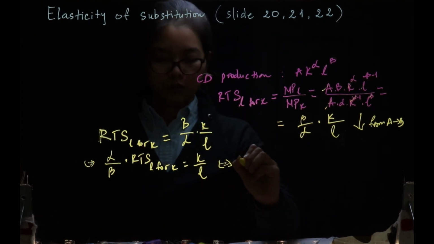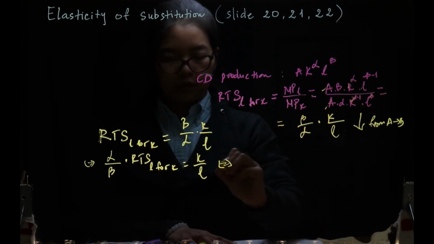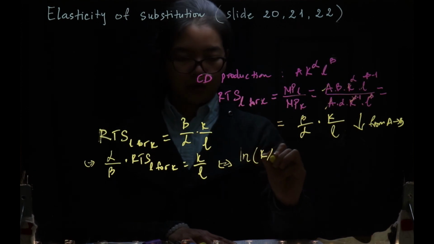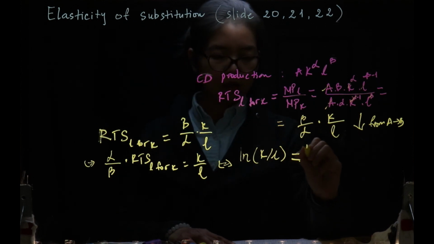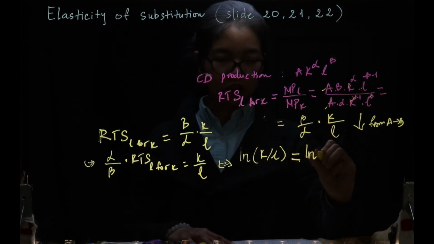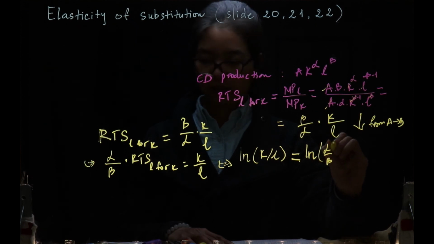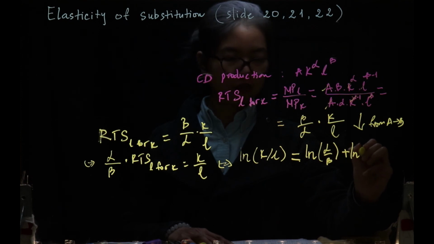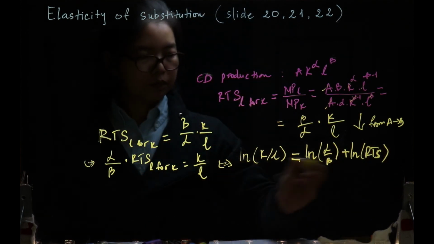So you would have the natural log of K over L equals the natural log of alpha over beta plus the natural log of the RTS, right? I skip the L for K there, but it's there.